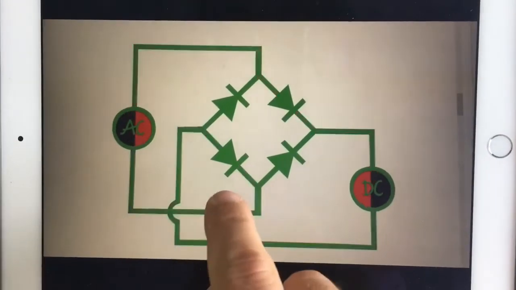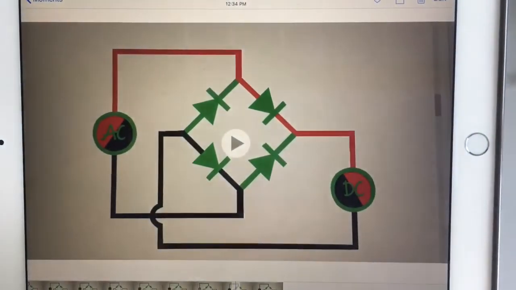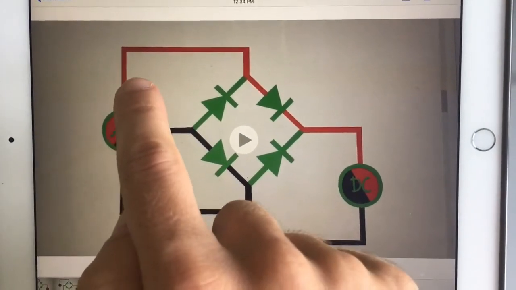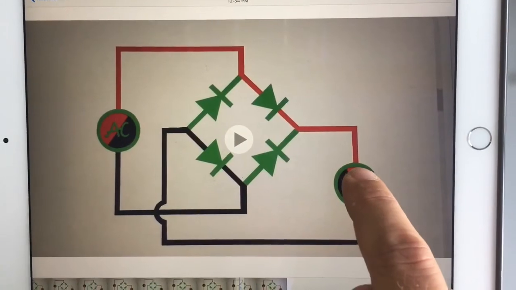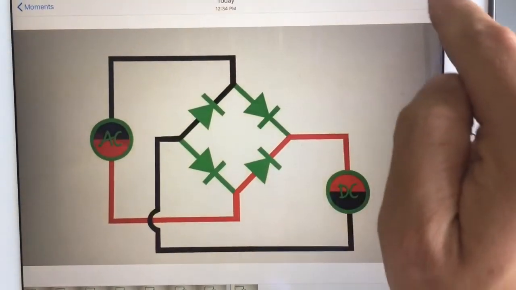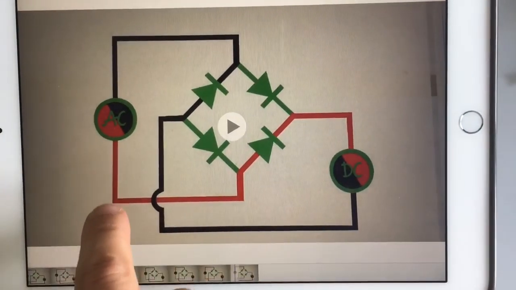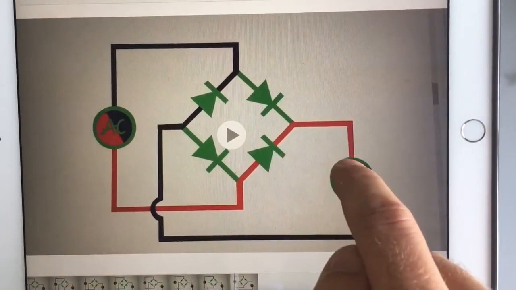So if I pause it here, then the positive travels through this diode and it makes the top of the DC positive. And then if we play it again and pause it there, then the positive is at the bottom here and it travels through this diode and makes the top positive.